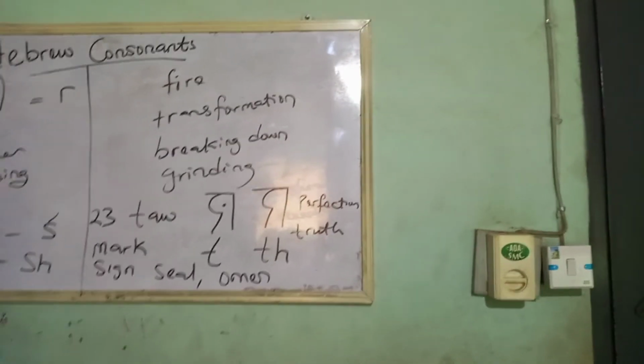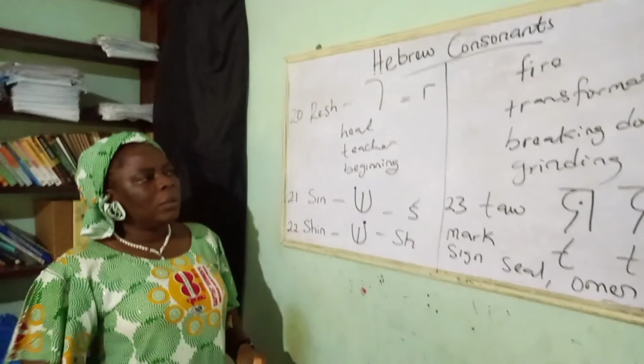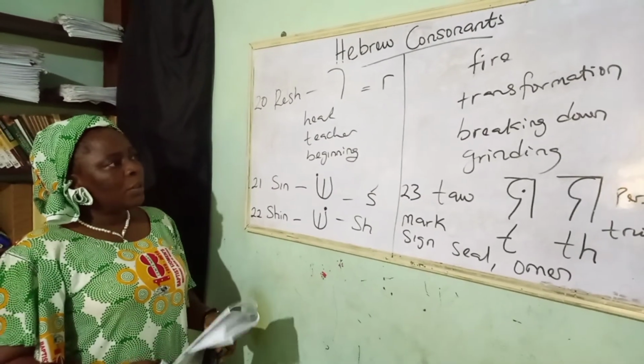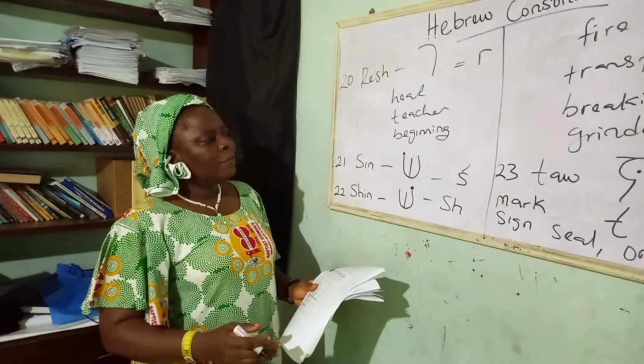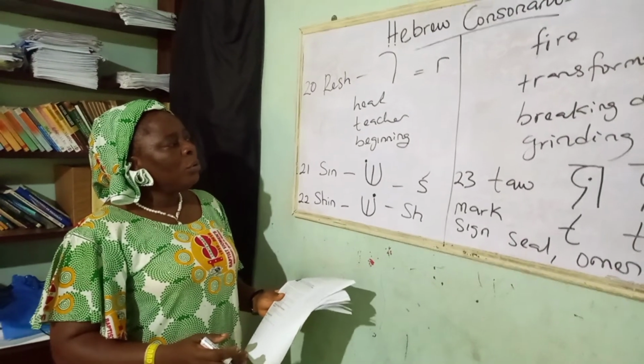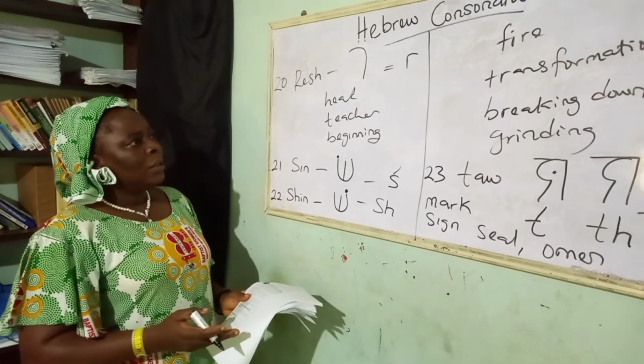So these are the 23 Hebrew consonants that we have in the Hebrew alphabet letters.